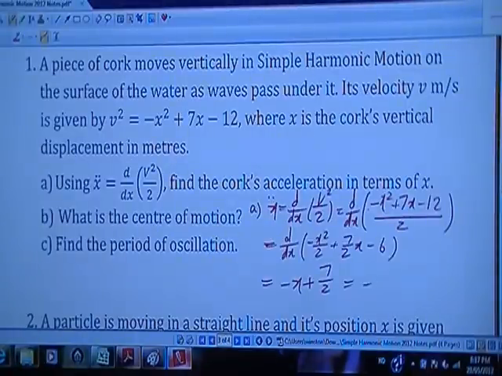And that equals minus, x take away 7 on 2.